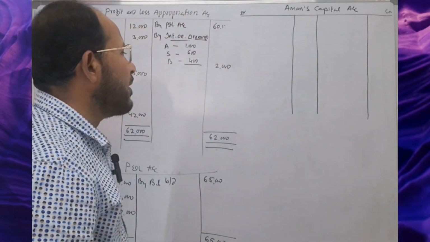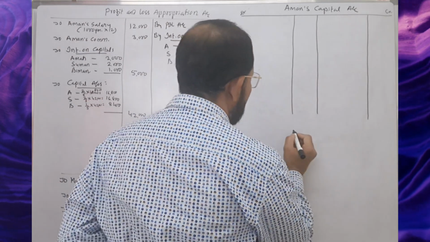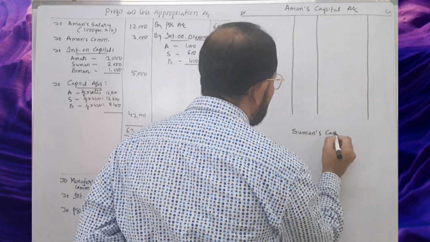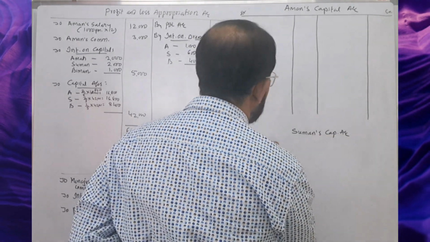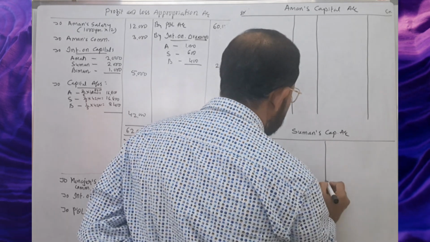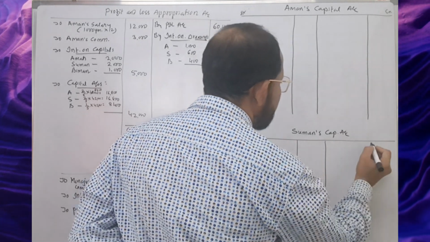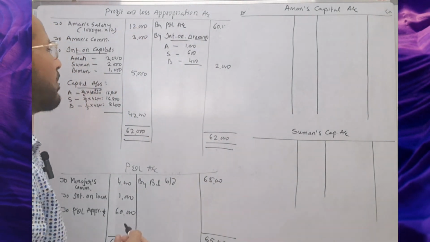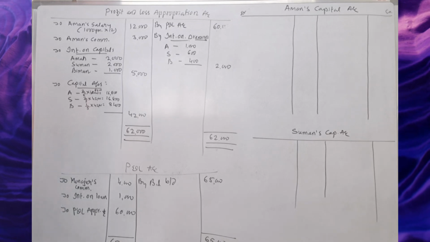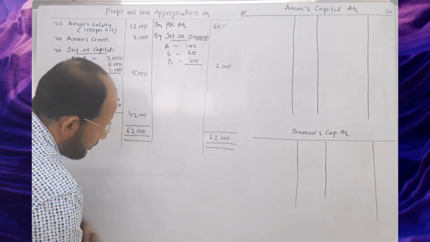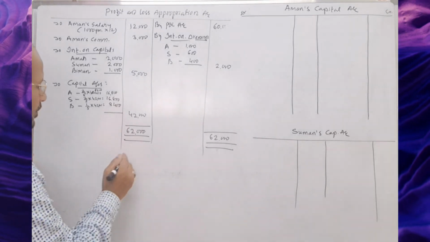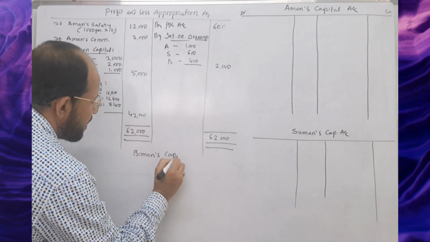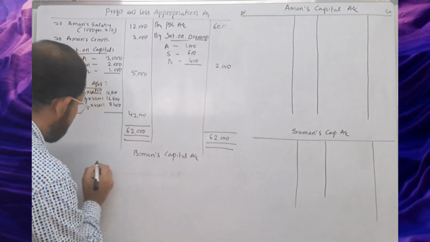No need of opening current accounts in the names of partners. Next is Suman's capital account. In the similar way, we will also prepare Biman's capital account.